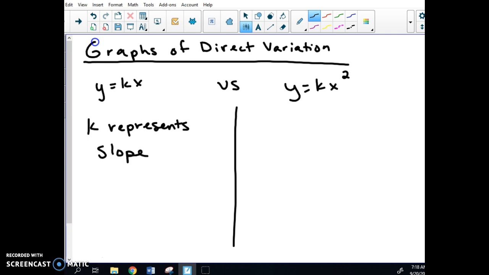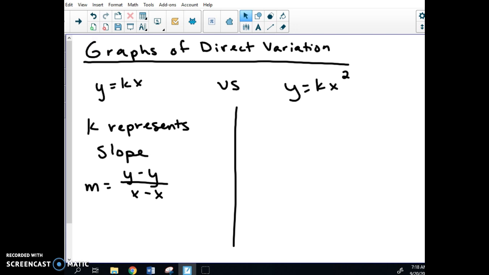If you don't remember how to find the slope, remember m equals y minus y over x minus x. With that being said, the k represents the slope of the line, so that's your rise over your run. And I want to talk to you briefly about how that k can be affected in terms of the equation of the line.